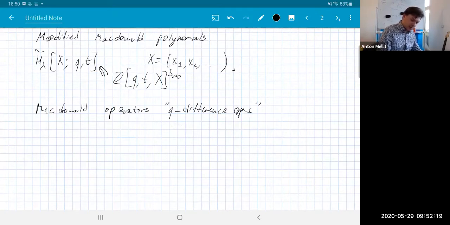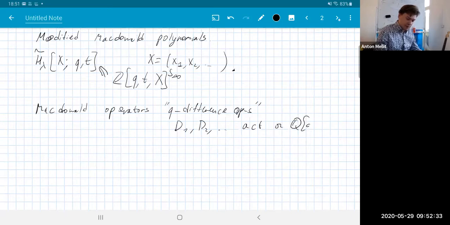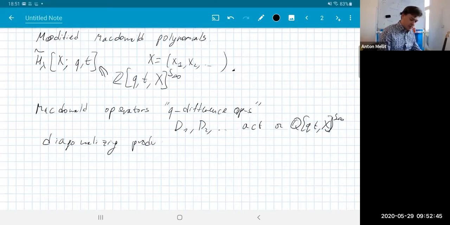Let's denote them by D1, D2, and so on. And once you diagonalize these operators, so they act on this Q T X, diagonalizing them produces Macdonald polynomials.